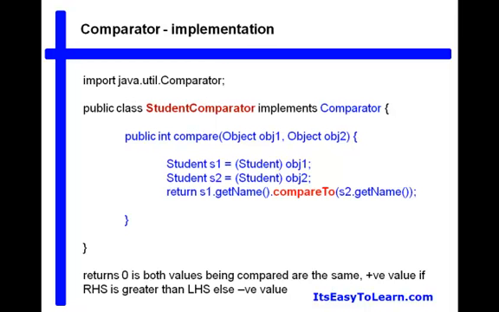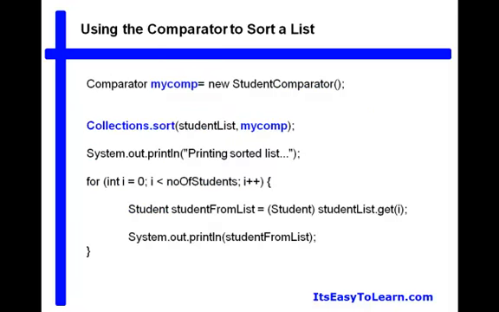And depending on the value returned from this method, the list and the sorting algorithms know how to rearrange the elements in the list. So what we do here is we create a new comparator object and pass it to the sorting algorithm, saying collections.sort, sort this list using myComp.